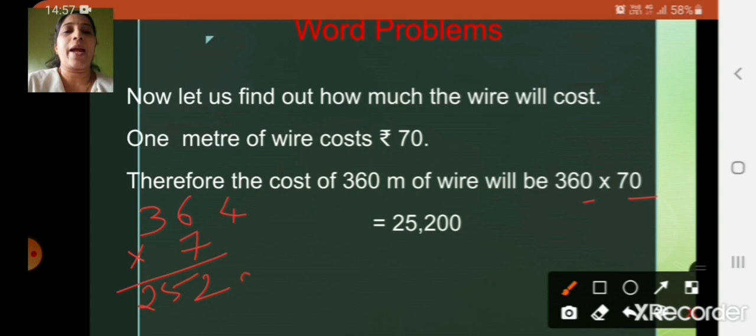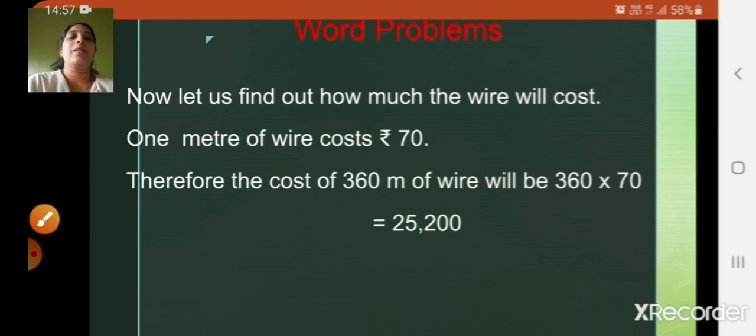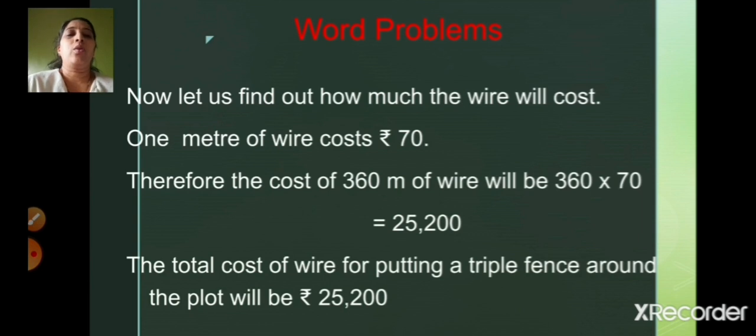So when I add these 2 zeros, I get 25,200. Right? So my answer is 25,200. So the total cost of wire for putting a triple fence around the plot will be rupees 25,200. So I hope students you have understood this second word problem.